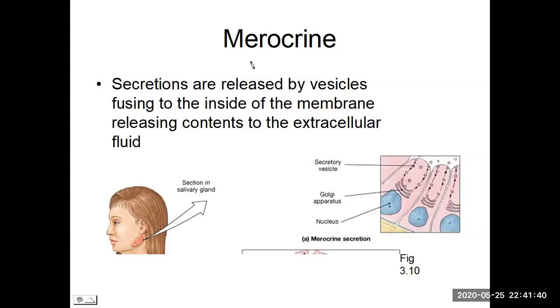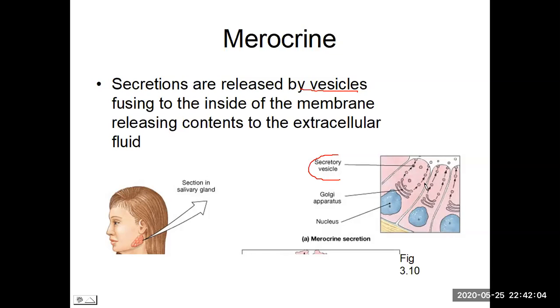And we have a description of the process. In this merocrine process of secretion, the secretions are first produced and packaged in what are called secretory vesicles. Numerous secretory vesicles are being produced here within the cell internally. They're packaged with droplets of that secretion.